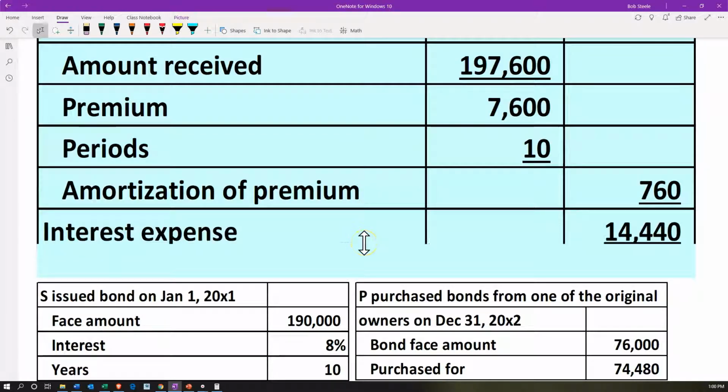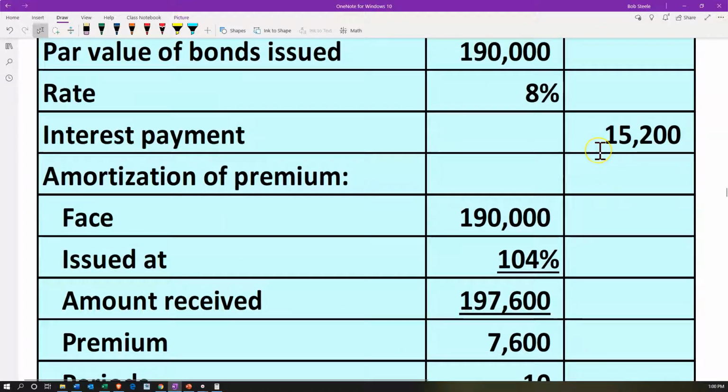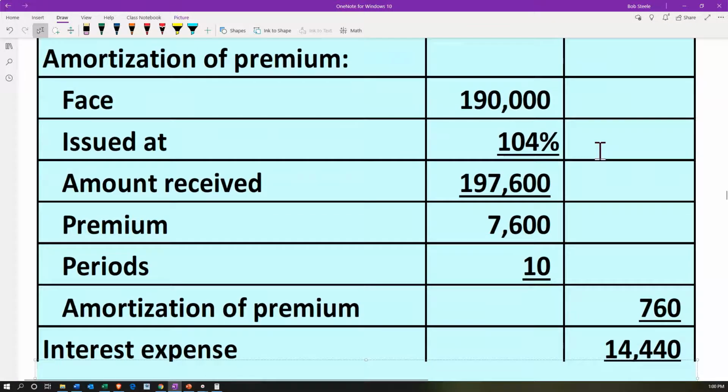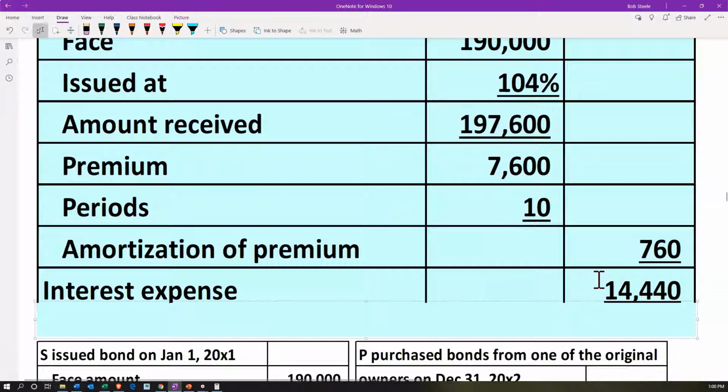And then the interest expense is going to take into consideration the premium. So we have the 15,200, the face times the rate, and then subtracting the 760 to amortize the premium. That means we'll have interest expense recorded by the issuer of the bond at 14,440.